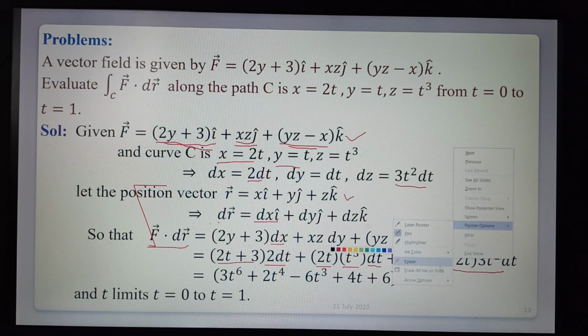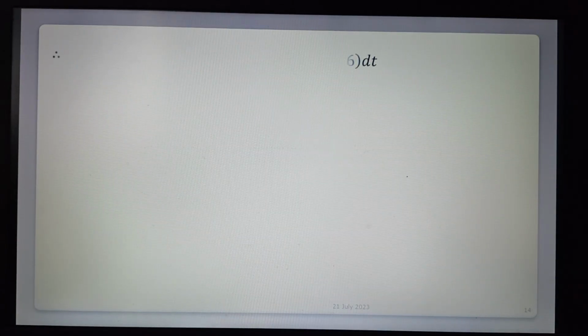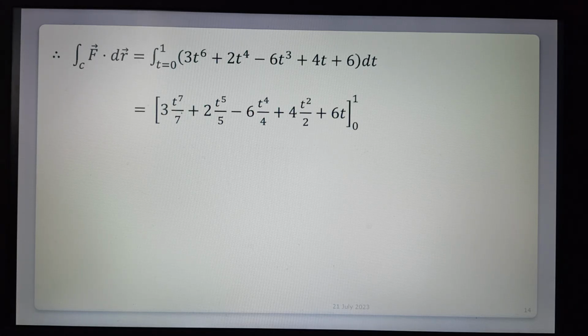Now finding the line integral. The line integral over c of f bar dot dr bar is equal to the integral from t is equal to 0 to 1 of (3t power 6 plus 2t power 4 minus 6t cube plus 4t plus 6) dt. Now integrating with respect to t: 3 into t power 7 by 7 plus 2 into t power 5 by 5 minus 6 into t power 4 by 4 plus 4 into t square by 2 plus 6t, limits 0 to 1.